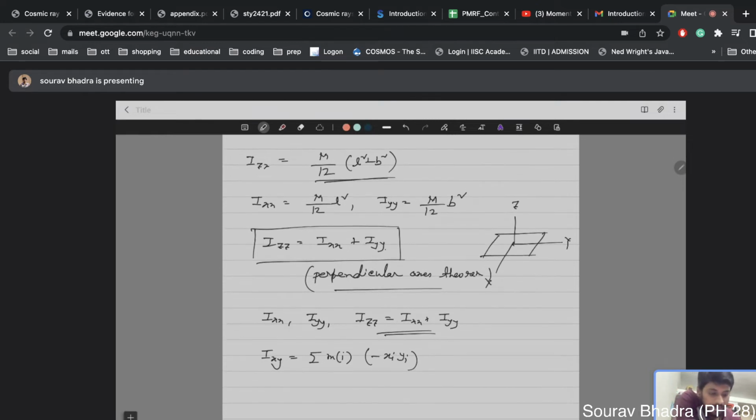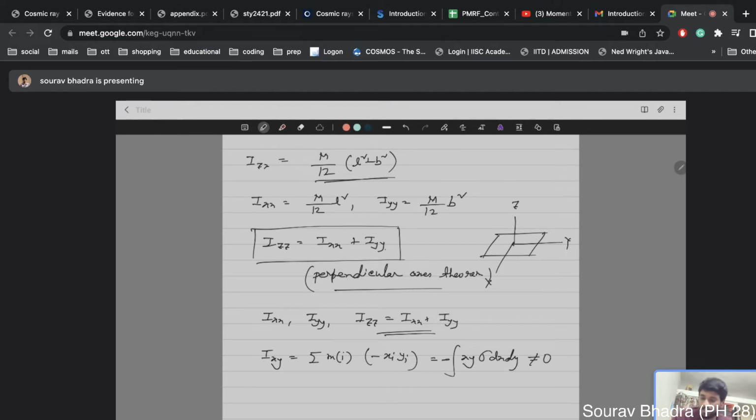The delta term is 0, that means the integral of xy sigma dx dy. So you can see this is non-zero in form because the x and y coordinates are non-zero for this particular system. Only the z coordinate is 0.